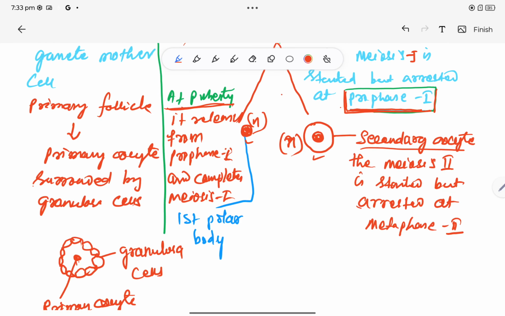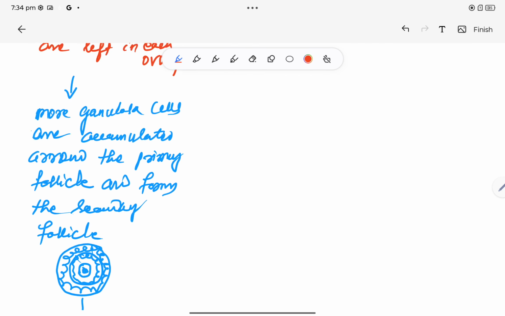But this division is unequal division, because of which one is a very small cell, and the other is a larger cell. The small cell does not have cytoplasm, so it degenerates gradually. Now what happens to this secondary oocyte? This secondary oocyte is now contained initially in the tertiary follicle, as I have shown you here.